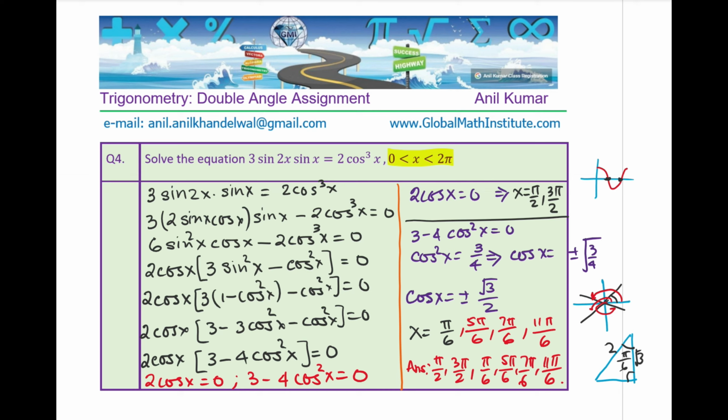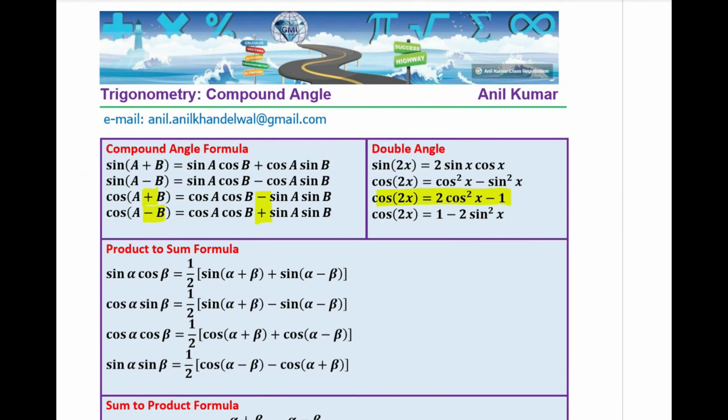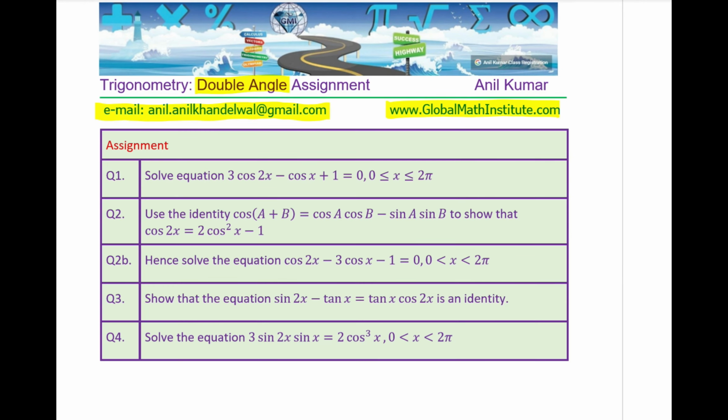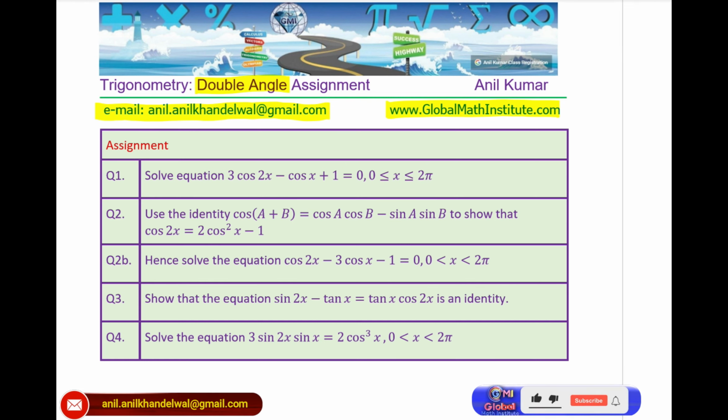So I hope these steps are absolutely clear. You may review these formulas and then again try to solve these questions on your own. That will really help. So I hope all the concepts related to double angle are absolutely clear.